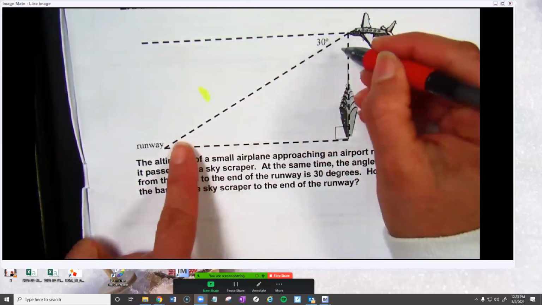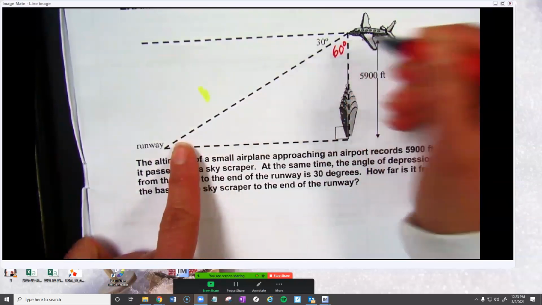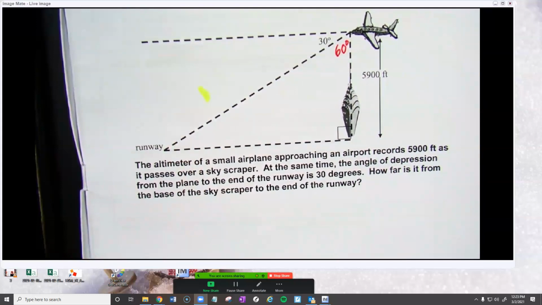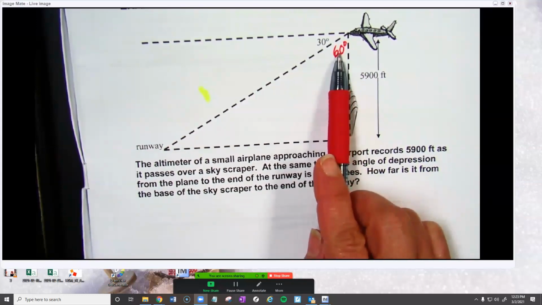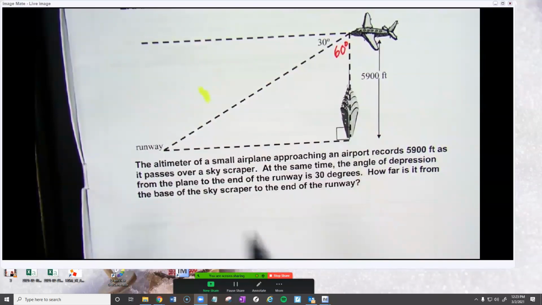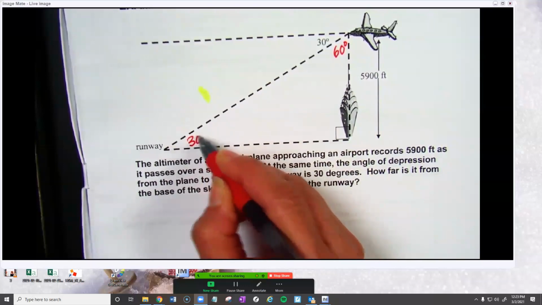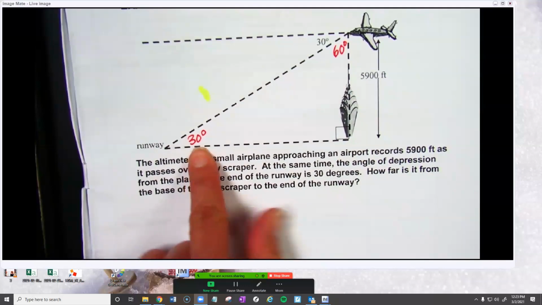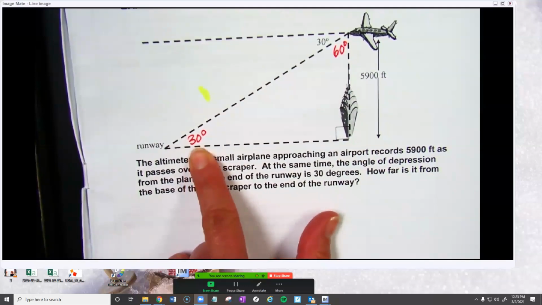It's 60. Good job. Looks like we're dealing with a 30, 60, 90. So if that's 60 and that's 90, that's 150. So of course, this is going to be a 30 because 150 plus 30 is the entire degrees, which is 180.